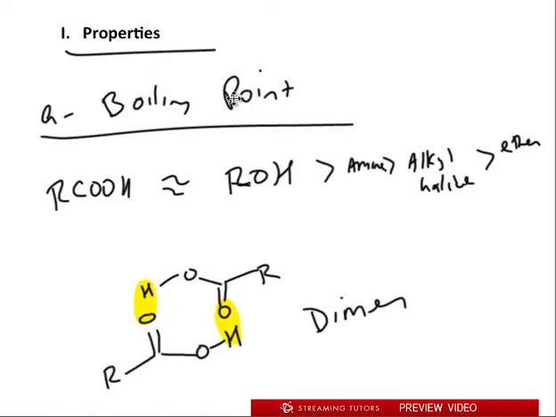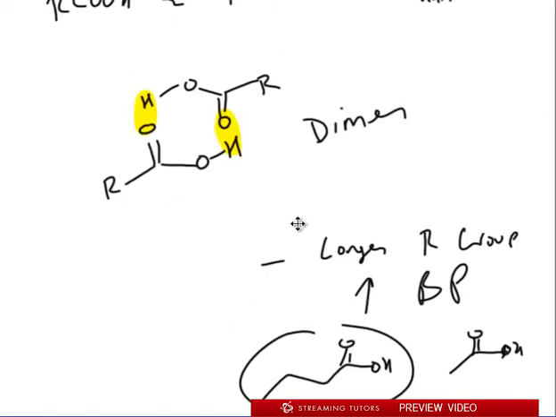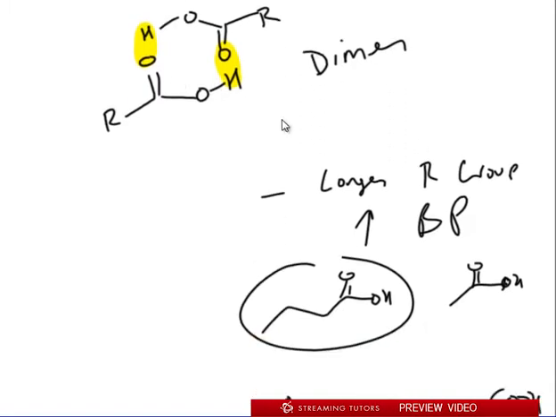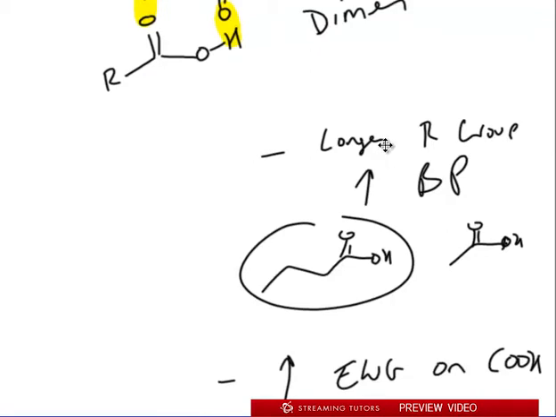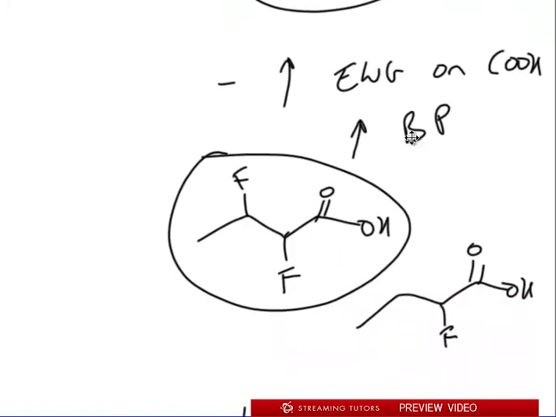So for boiling point, it dimerizes, it makes this kind of 6-membered ring in this case, and you can have this happening over and over again with others. They pack well together. The longer the carbon chain, the higher the boiling point. That's increasing van der Waals effects, the London dispersion. And as far as electron withdrawing groups, the more the better because of polarity.